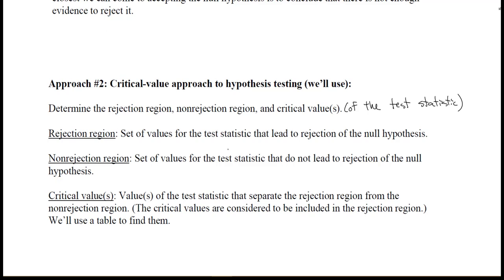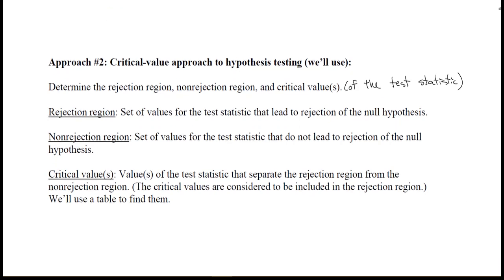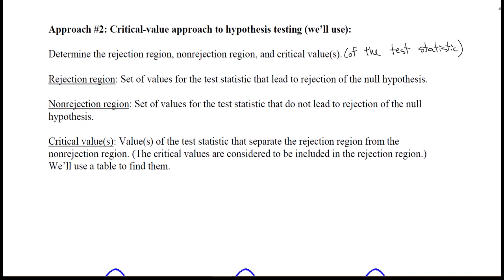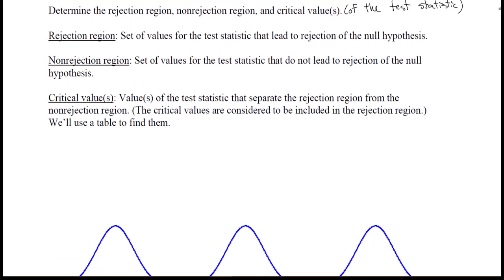The rejection region is the values for the test statistic that cause us to reject the null hypothesis. The non-rejection region is the values for the test statistic that don't have us reject the null. And the critical values are the values that separate the rejection region from the non-rejection region.